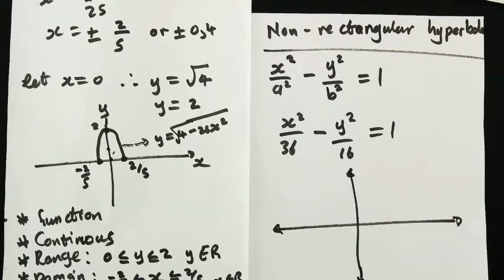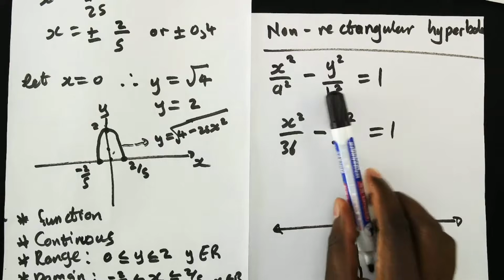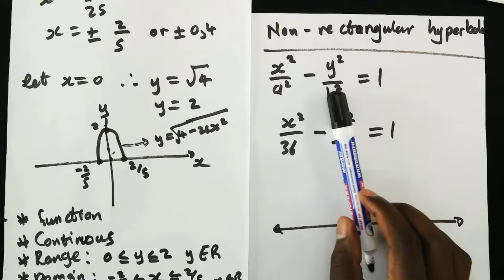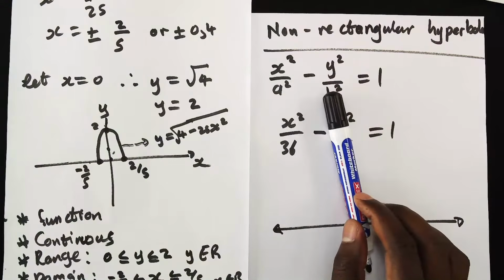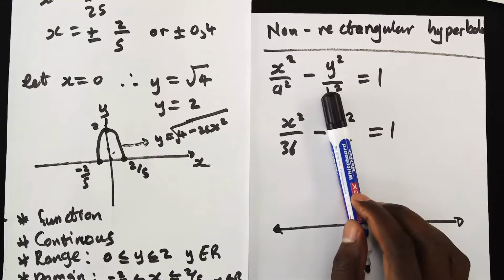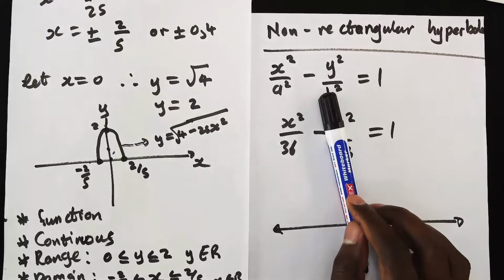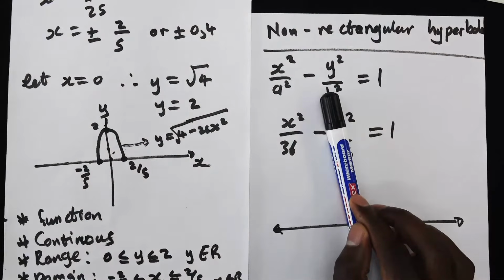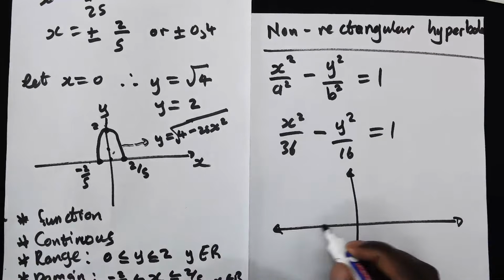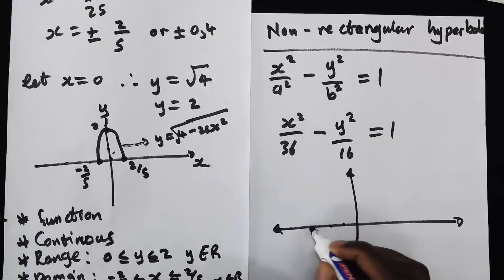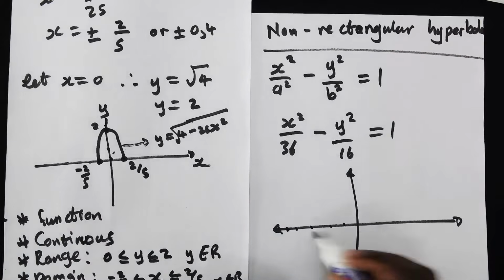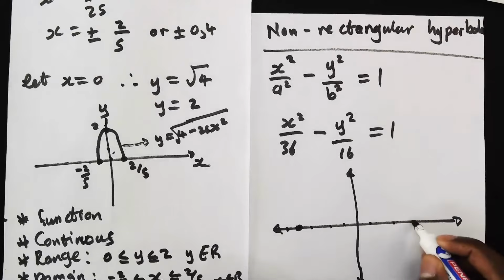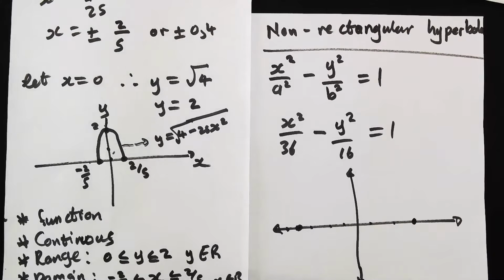Let y equal 0. Then x is going to be plus or minus 6. It's a perfect square. We multiply by 36 on both sides and take the square root, it's plus or minus 6. So 1, 2, 3, 4, 5, 6. The x-intercepts are plus or minus 6.